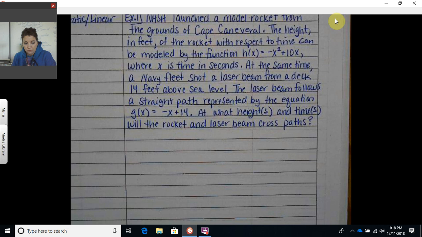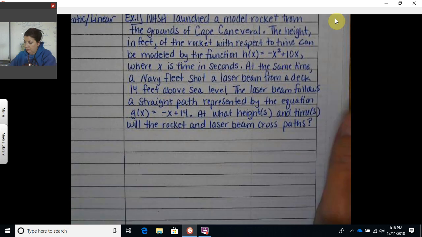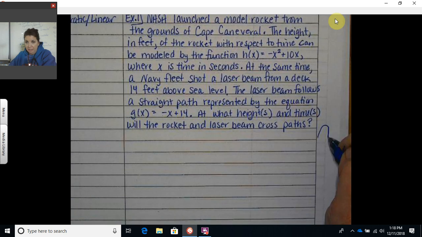So I have a rocket, a model rocket being launched. It's a quadratic. We know it's going to open down because A is negative, right? So if I graphed it, it's going to look something like this. And the laser beam is being shot from 14 feet above sea level, and it has a negative slope.